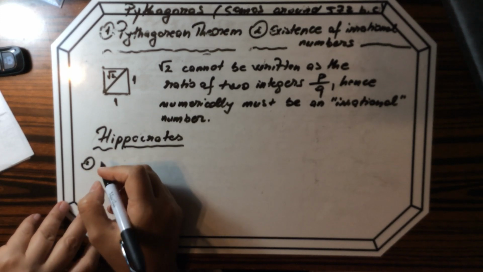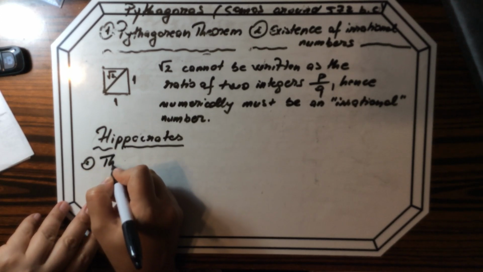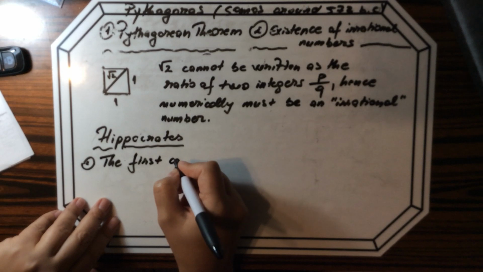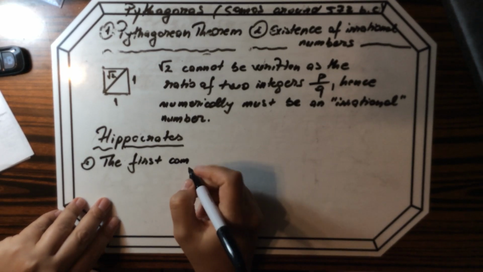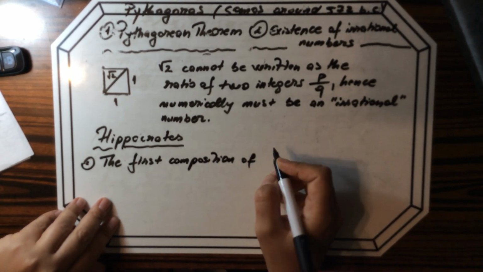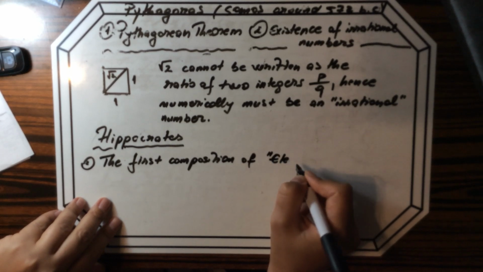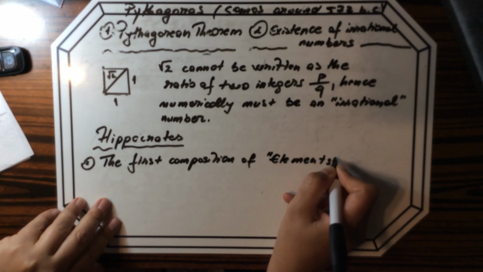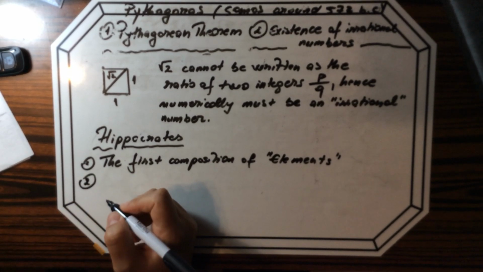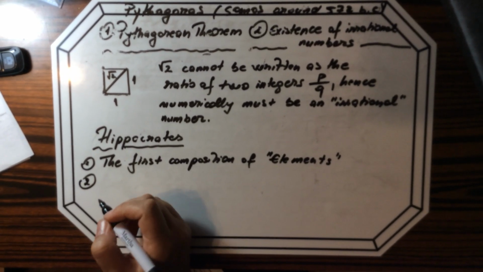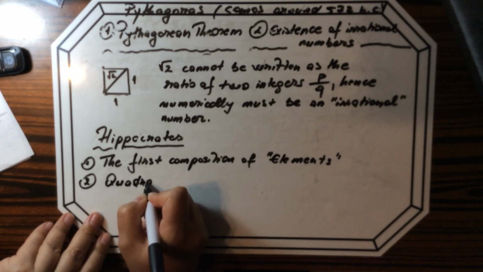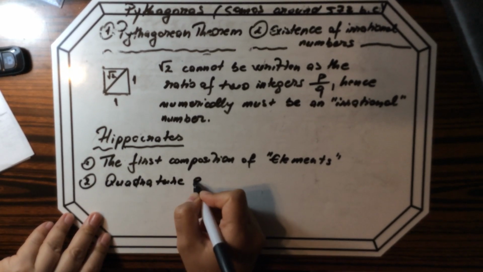One of them was the first composition of elements, the book Elements. And the next contribution, the one that he is more known for, is the so-called quadrature of the lune.